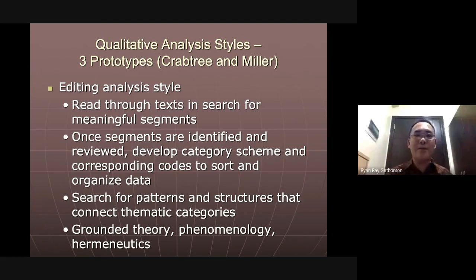So you read your paper, and if you identify some segment of your data to have patterns and structures, that's the time you create your template. So, basa ka muna bago ka gumawa ng template. Now, this is usually used in grounded theory, phenomenology, and hermeneutics.